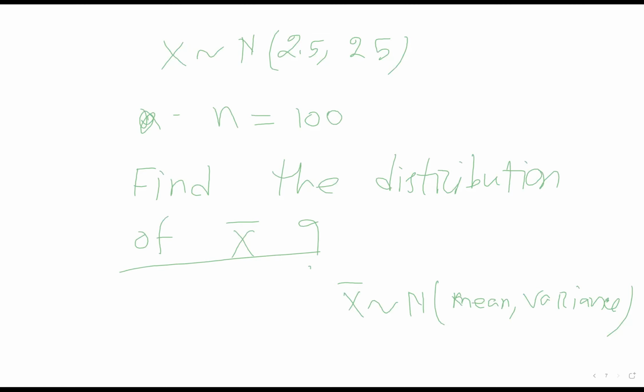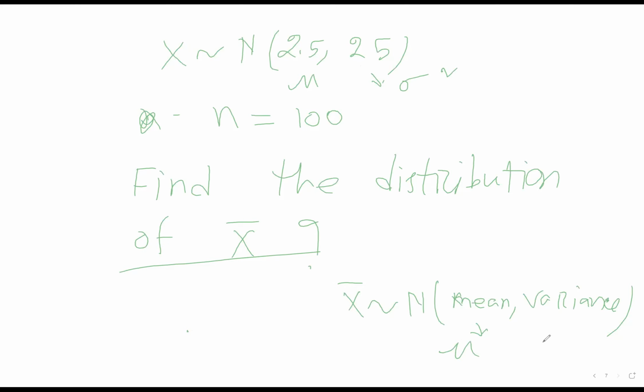Yeah, that's the number in the parentheses. Yeah, that's correct. This is sigma square. But we are looking for the mean of X bar, not X. So this is variance. That's correct. This is sigma square. And this is mu. So what do you know about X bar? The mean of X bar is also mu. We already calculated this one.